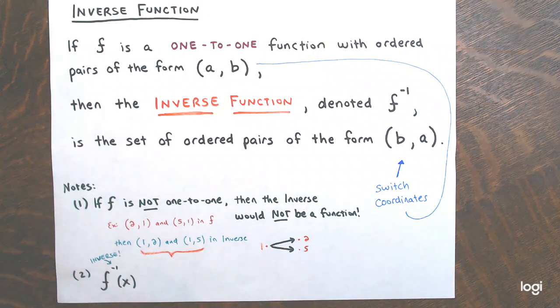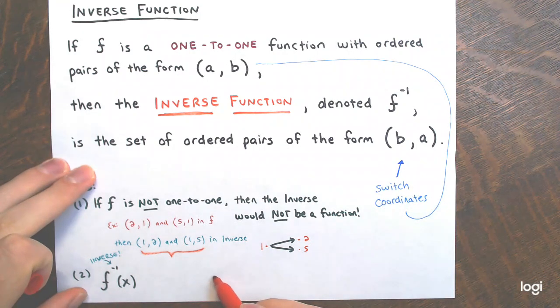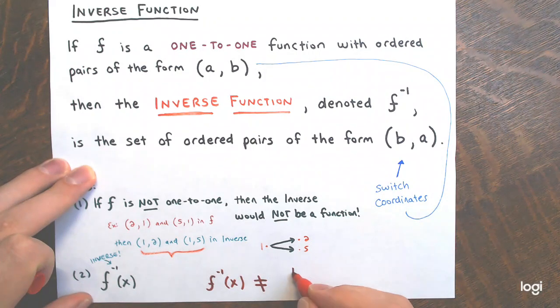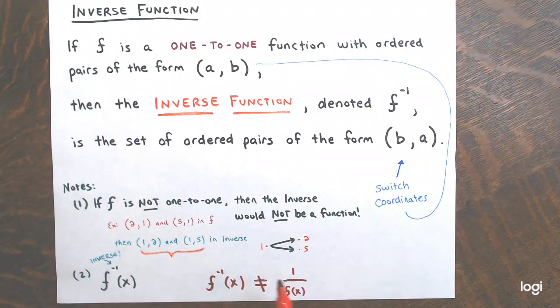It does not mean the following: f with the little -1 of x is not equal to 1 over f of x. I know people do this all the time because they make mistakes. They see this -1 and think, oh, that's like a power. And yes, it looks like an exponent. It is in the exact same place that an exponent would be, but it is over the name of a function.